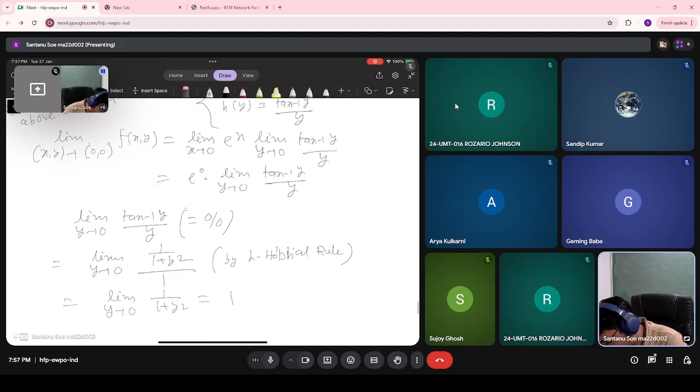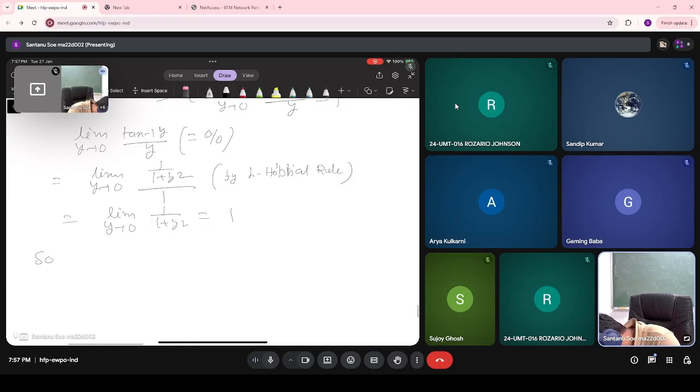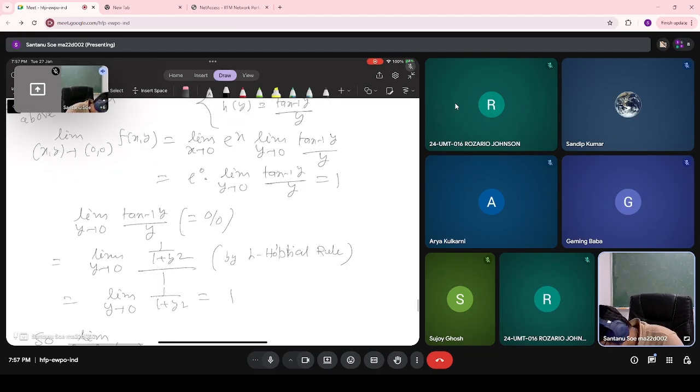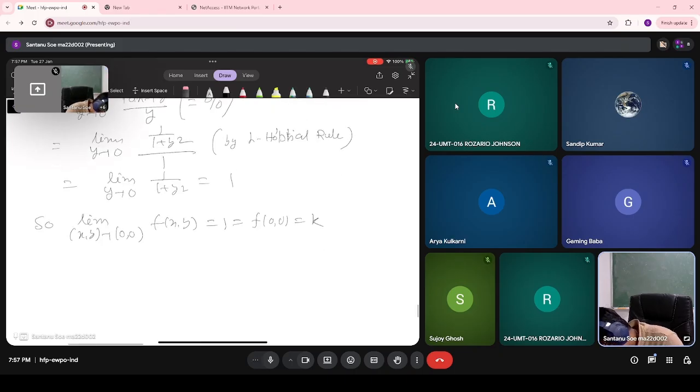So this limit is 1. So limit x y tends to 0, 0 of f of x comma y is 1, and this equals f of 0 comma 0, which equals k. So if the function is continuous, k has to be equal to 1. So this is the answer.